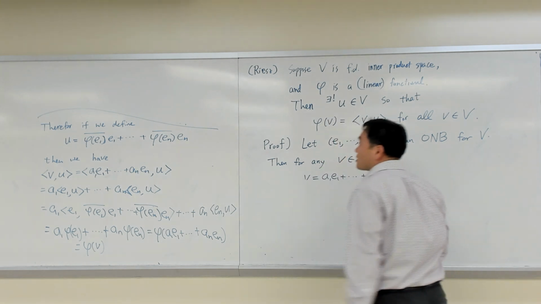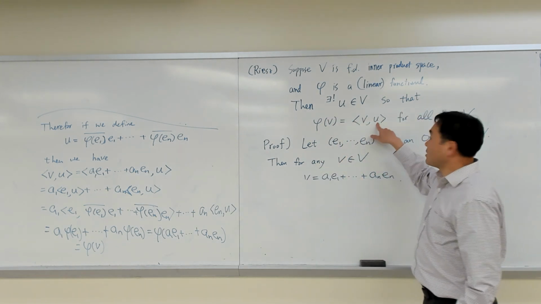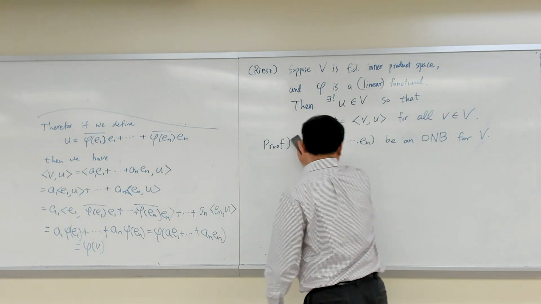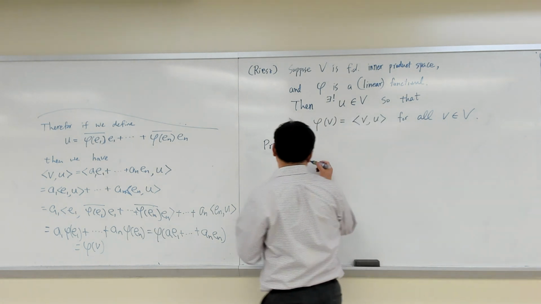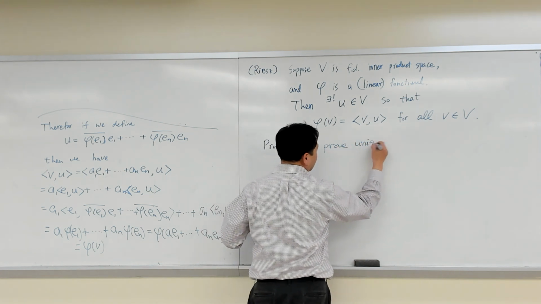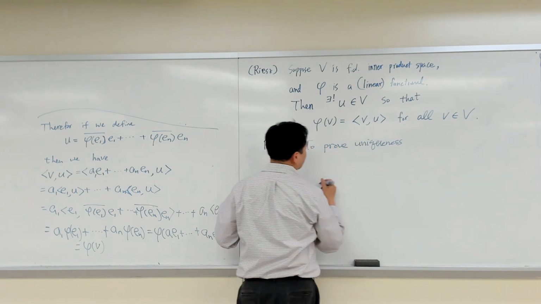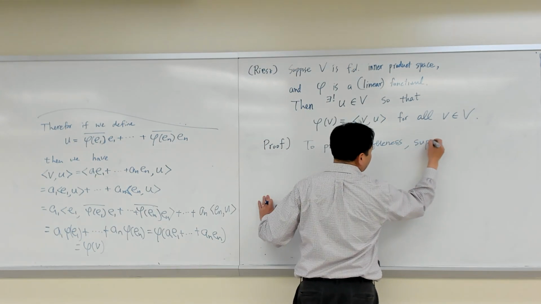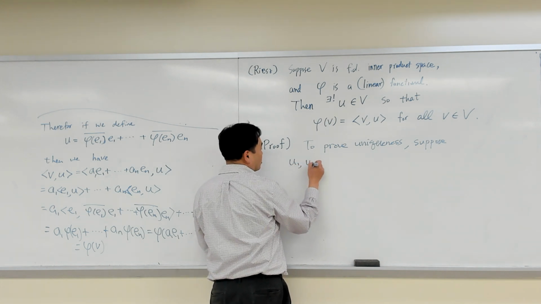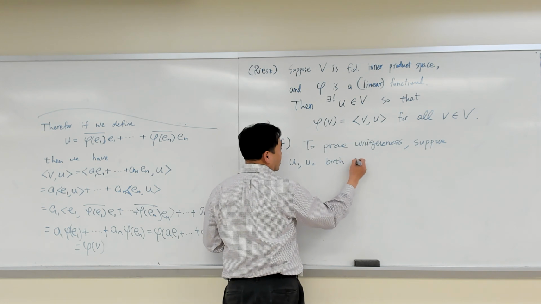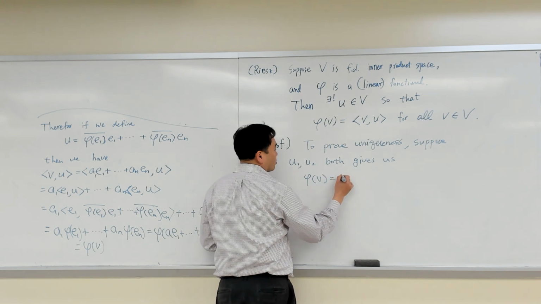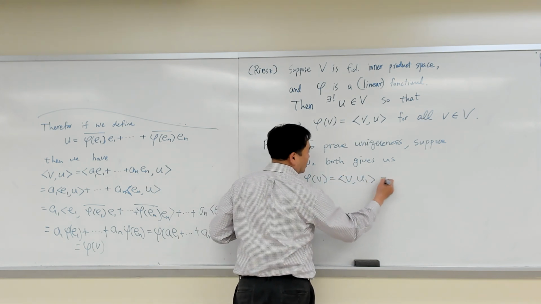But it's not complete yet because we showed existence, right? We now have to show uniqueness. So let's prove uniqueness. To prove uniqueness, suppose there were U1, U2, both giving phi of V equals VU1 and VU2.